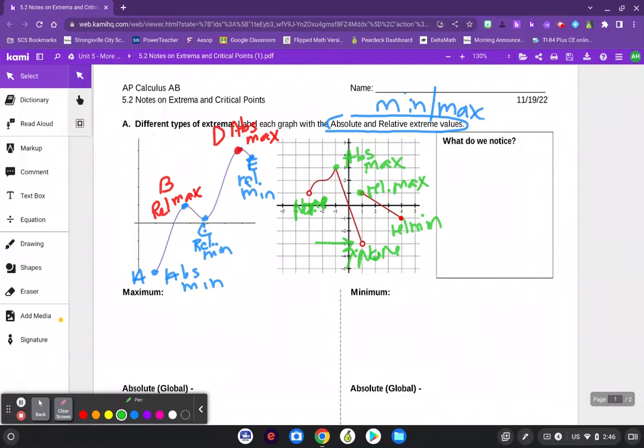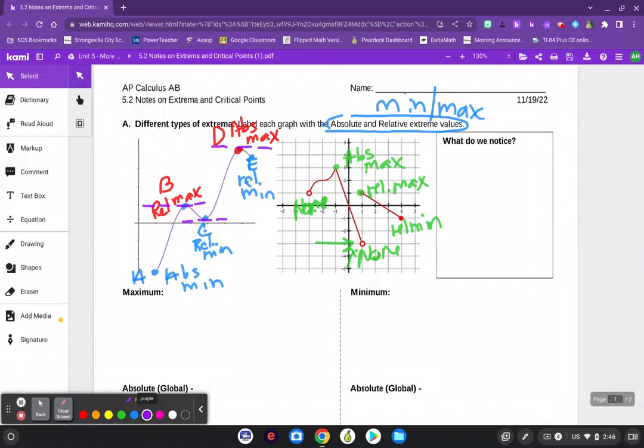So some things that I notice, and this is actually coming from the Desmos that you should have worked through. Things that I notice is that when I'm talking about slopes, I notice that anytime I have this relative max or this relative min or this absolute max, the slope of the tangent line to those points is 0.